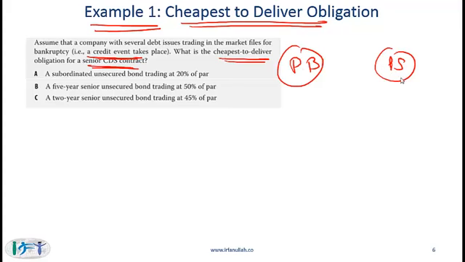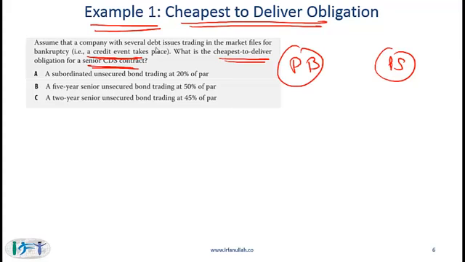And if the protection seller has the option to give one of several bonds to the protection buyer, then obviously the protection seller is going to give the cheapest bond or the cheapest option. On the previous slide, we talked about the concept that the bond that can be delivered would be either at the same level, pari passu, or better.